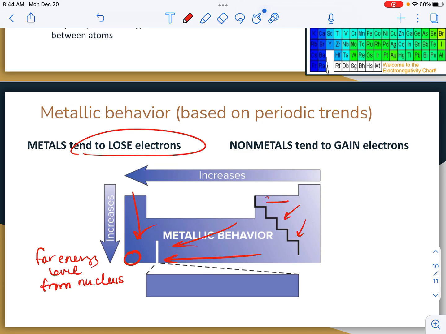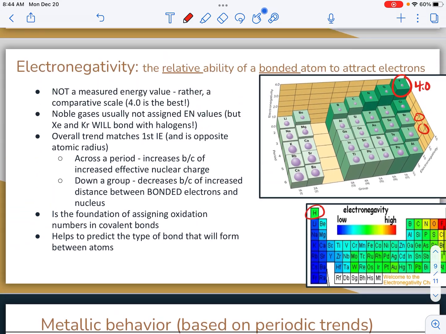So we want to picture that the upper right-hand corner would be the most nonmetallic. So it's kind of weird. You have to be careful if you're comparing groups over here when you cross the line. You have to be super careful about what you're talking about there, but you just want to kind of keep that straight. So we'll do a lot of practice.